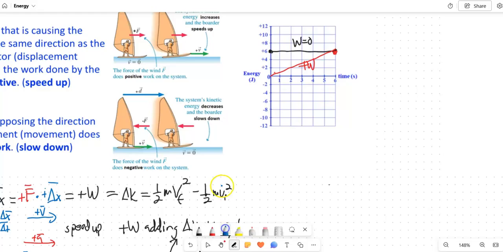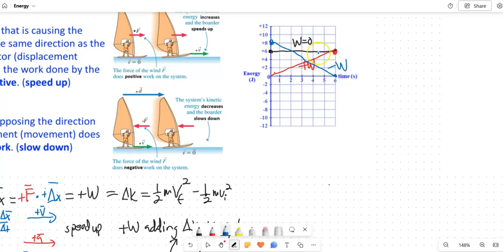Now, if the slope is negative, let's say you had a kinetic energy, and then somebody brings you to a stop across that distance, well, you're taking their kinetic energy. Notice the slope of that line is negative, so this is indicative of negative work.